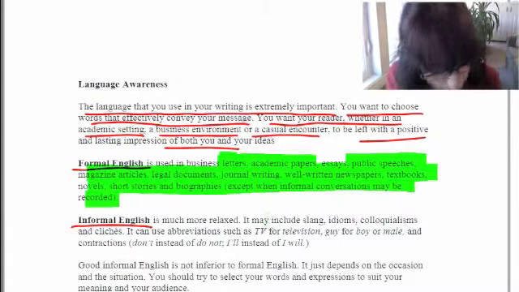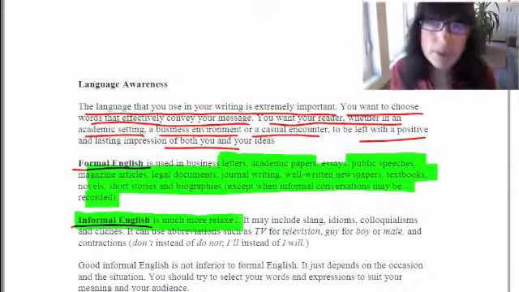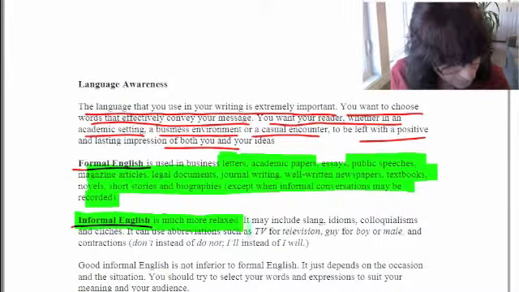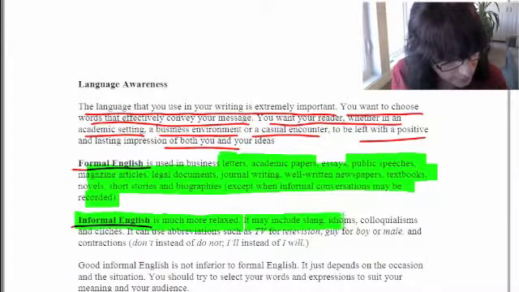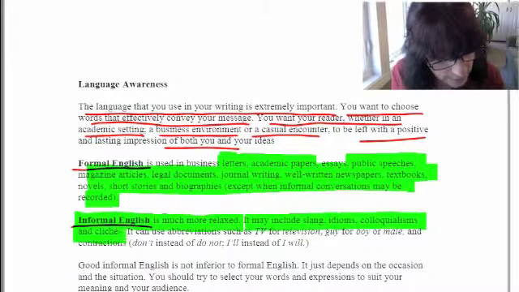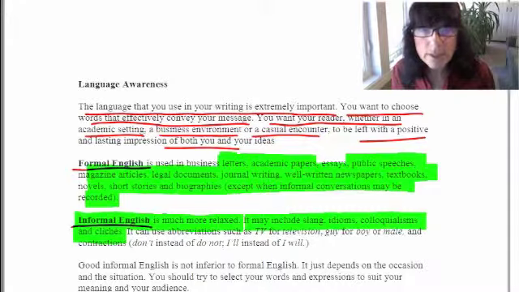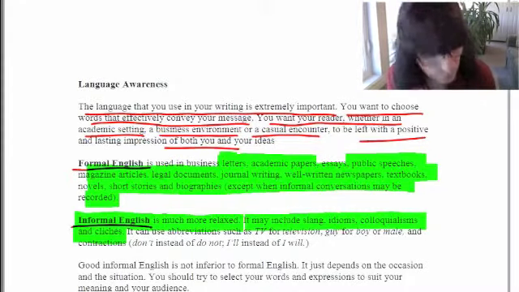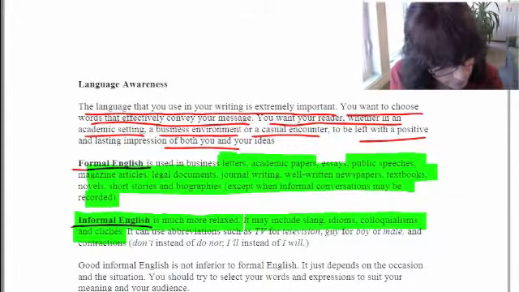Now, informal English is much more relaxed. And when you speak informally, it can include slang, idioms, colloquialisms, and clichés. And I have included in this video definitions of each of these terms as well as examples. You might say TV instead of television.